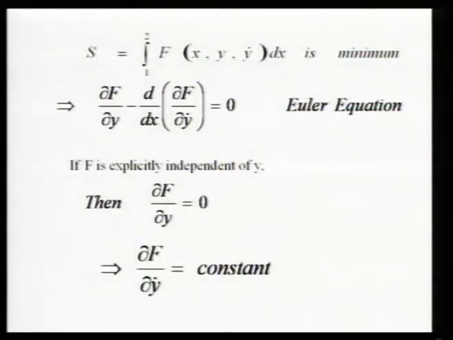And therefore, we will get a simplification, that is, delta f by delta y dot would be a constant. And this is a great simplification.